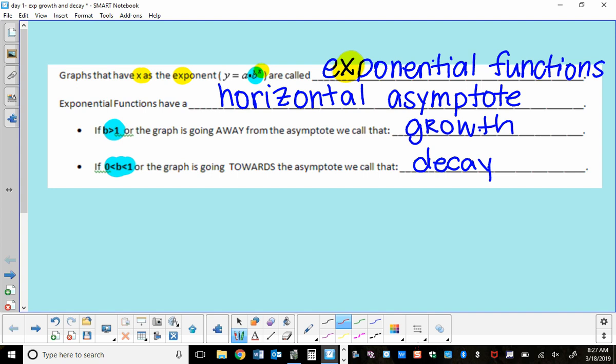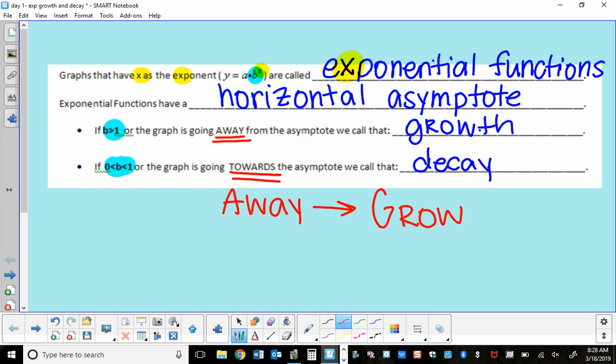Alright, I'll show you how I think about it. These words here, away and towards. My graph is going away from the asymptote. I think about the word grow because I'm looking at the W, the four-letter word. I try to make up things in my head that make sense. Away reminds me of grow, which tells me it will be a growth.